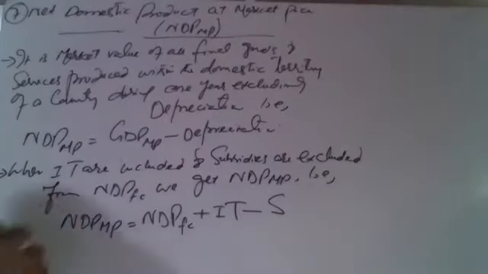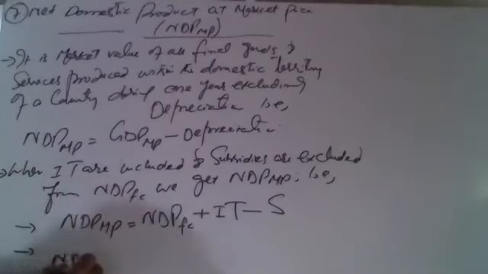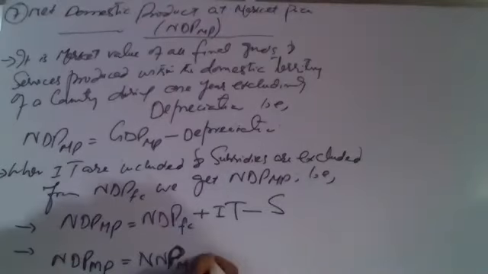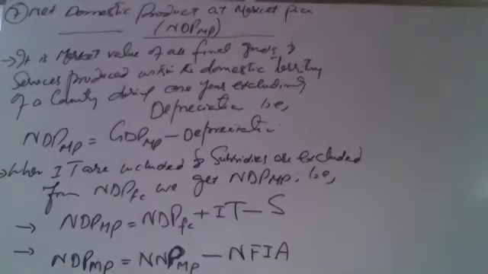Okay? Yes, sir. Another equation for NDP at market price: from NNP at market price, net national product at market price, we exclude net factor income from abroad, and we get NDP at market price.